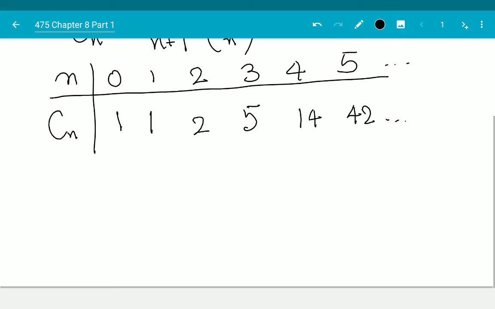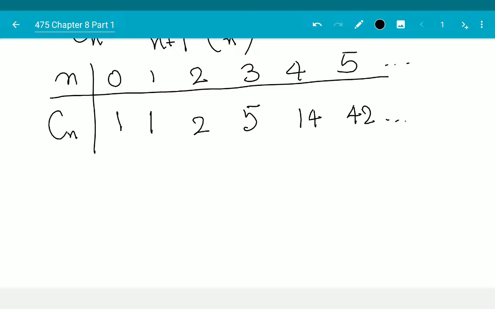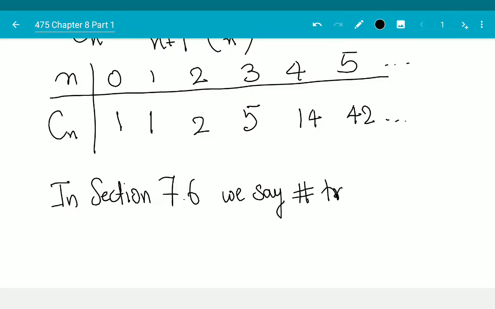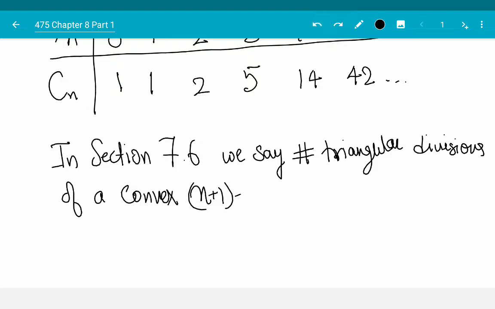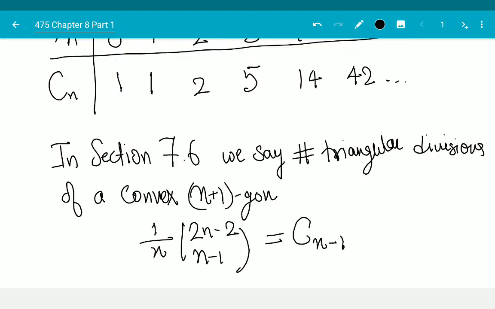And if you have looked at the notes of section 7.6, we saw that the number of triangular divisions of a convex n plus 1 gon was equal to 1 over n, 2n minus 2 choose n minus 1, which is actually exactly equal to Cn minus 1.